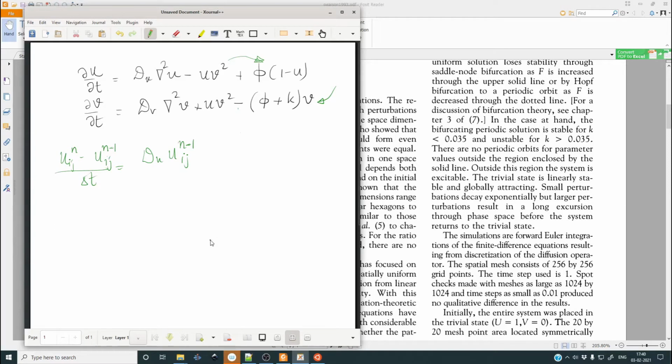So it's quite easy to do, and in fact let me write down the entire discretization, and you can take it as a challenge to program it using Python or Octave.